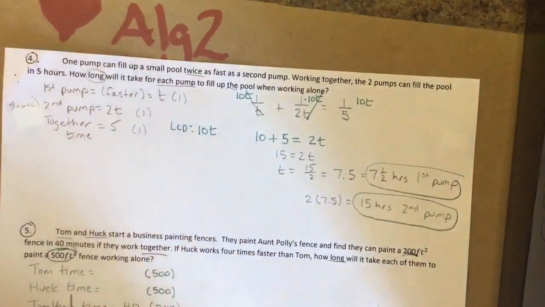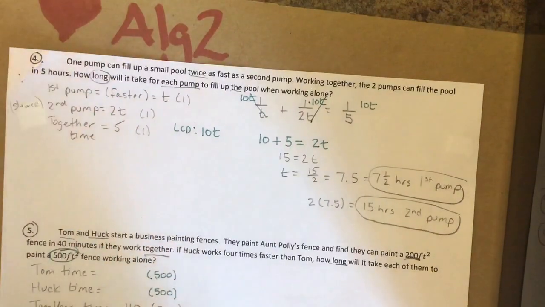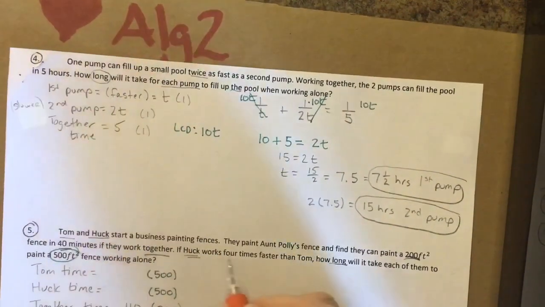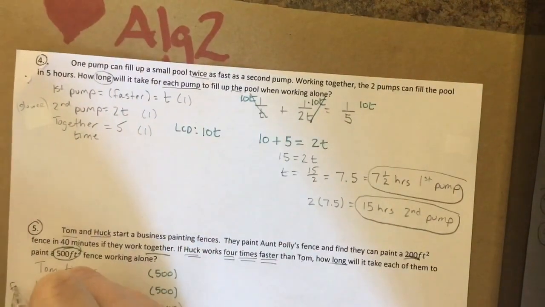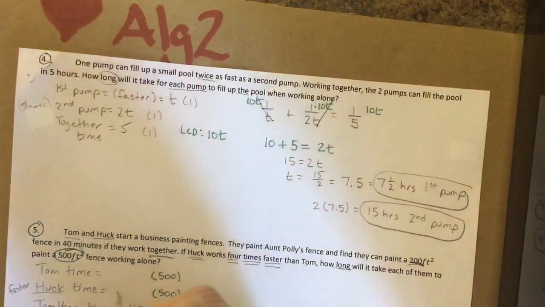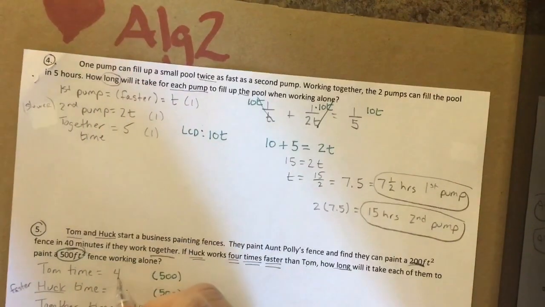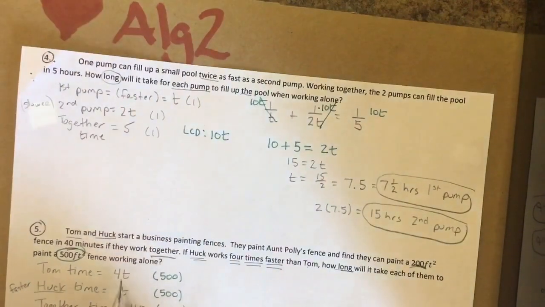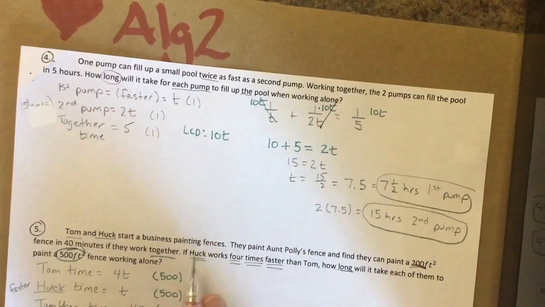Now I have to think like the last one. There's not 2 variables. But who's T? Let's see. Huck is 4 times faster than Tom. Huck is faster, so the faster guy is going to take T. Tom is slower, and he's going to be 4T. It's going to take the slower guy 4 times as long. Now rates would be Tom is R and Huck is 4R, but it doesn't ask for the rate.